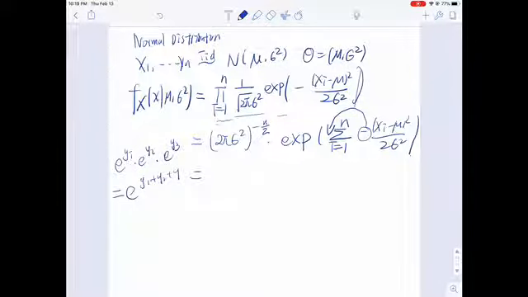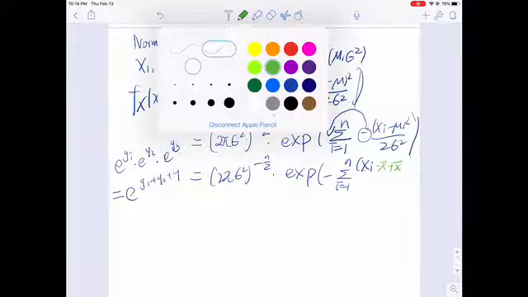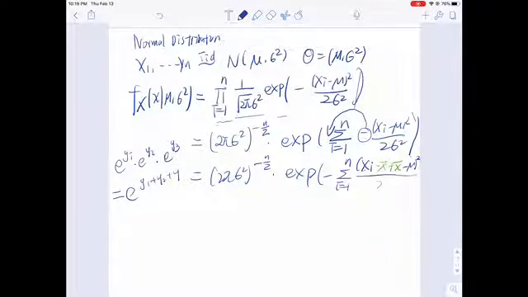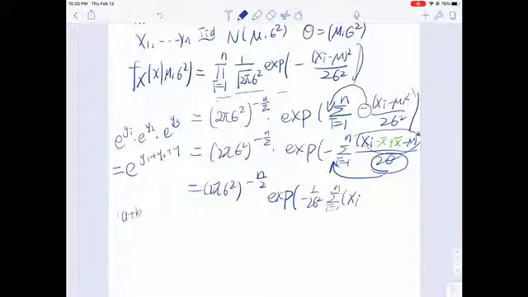At the same time, let's make some changes to this quadratic term. This is a common trick we use all the time. We subtract x bar first, then add it back, so we have x bar minus mu left. Since 2 sigma squared is also a constant, we can move it outside the summation sign. And let's expand this quadratic term: (a plus b) squared equals a squared plus b squared plus 2ab.